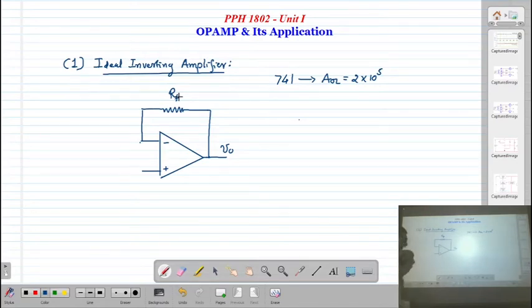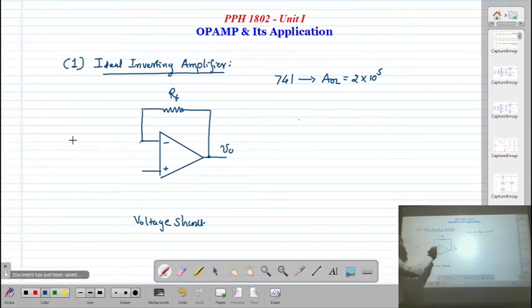It is a voltage shunt feedback. Here we are taking the output voltage and then it is connected parallel to the input terminal. Remember, this input terminal is there. So whatever the feedback voltage appears here, it is parallel to your input signal. So it is a voltage shunt feedback.